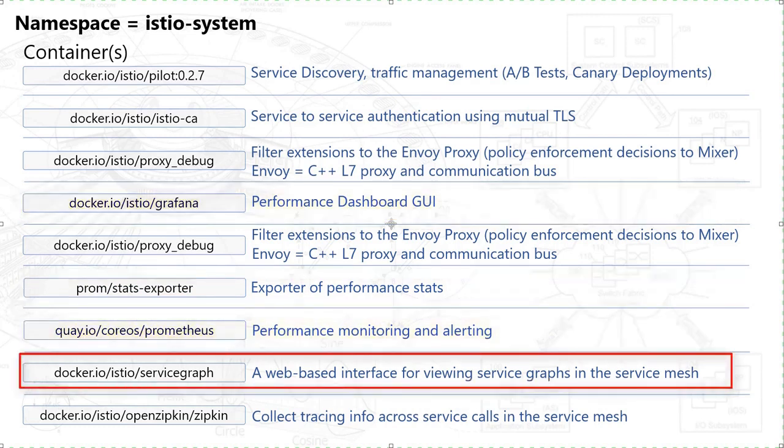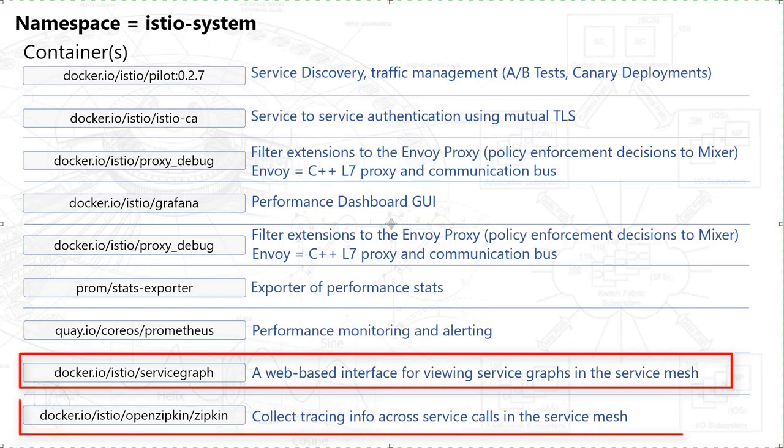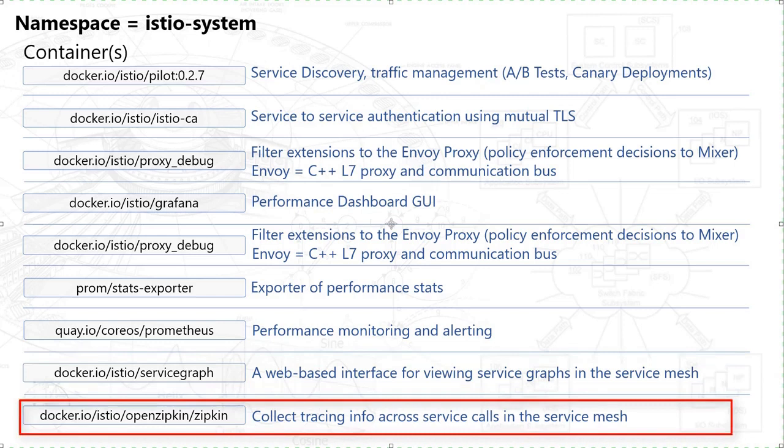Okay, Service Graph is nice because it gives us a web-based interface to look at the relationship between the different services. It lets you really see which services are tied to what other services, so you get a visual picture of what's calling what. Zipkin is for doing tracing. So this is great for troubleshooting in a distributed architecture. It's generally very difficult to track what is really happening as services call each other, and this particular component, Zipkin, makes that far easier.